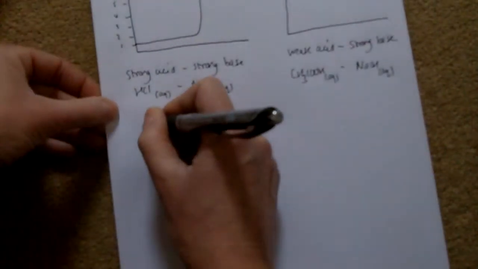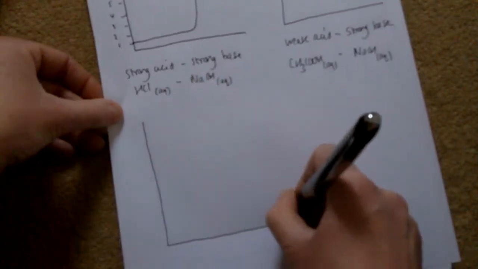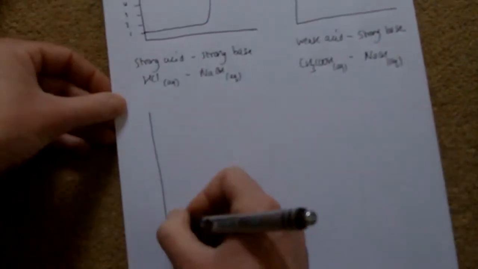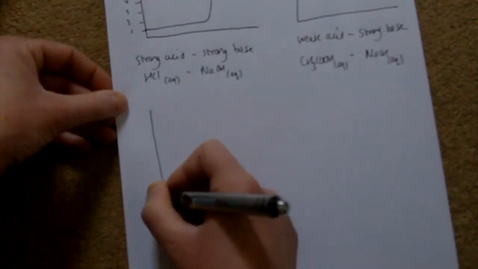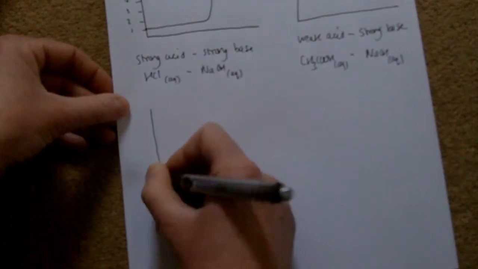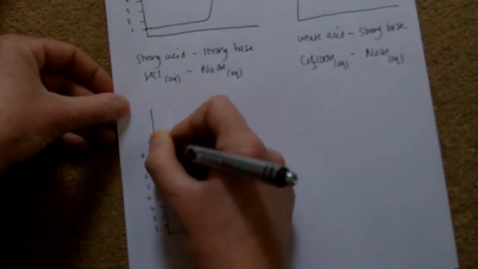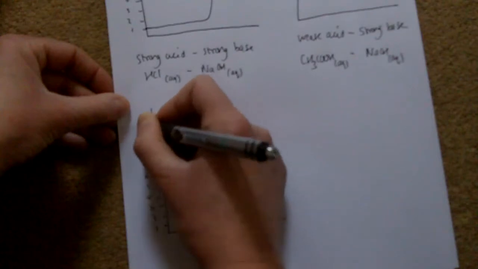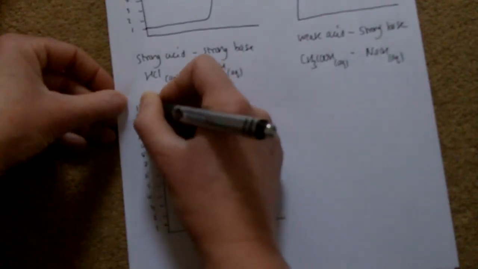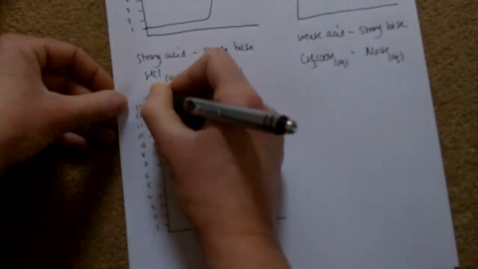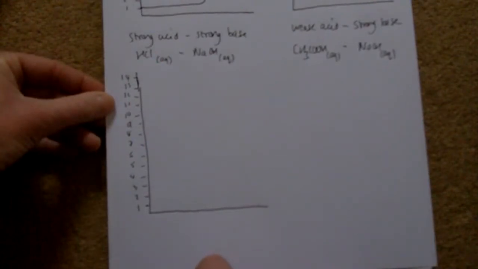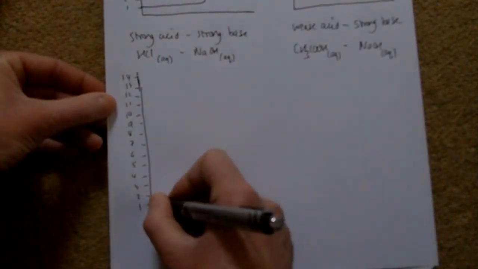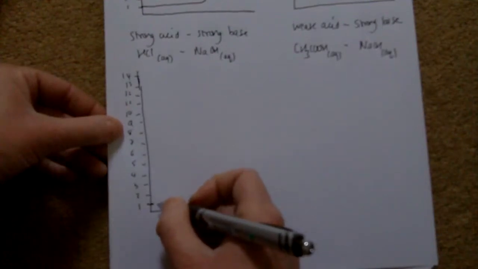So for the other combination, we draw another axis again, 2, 3, 4, 5, 6, up to 10, 11, 12, 13, 14. You could be asked to plot it, but in exams you'll be asked to sketch it. The other combination is if we start with a strong acid, but this time a weak base.